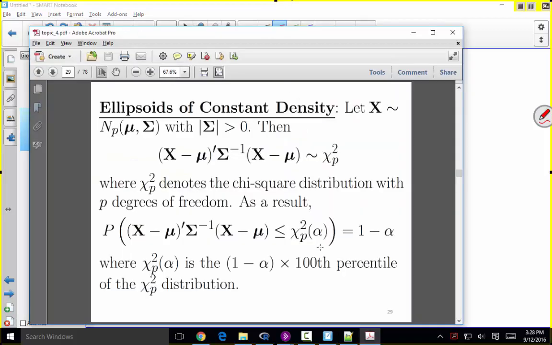Go find that number, and then you can say the probability statistical distance is less than or equal to that number equals 0.95. If I take alpha to be 0.05, then if I compute distances, the probability that my data are close enough to mu to be within this threshold is 1 minus alpha.